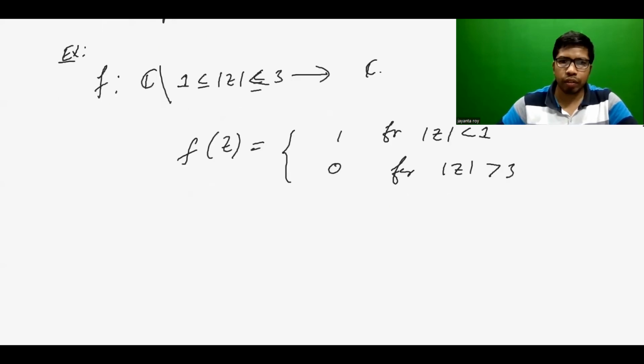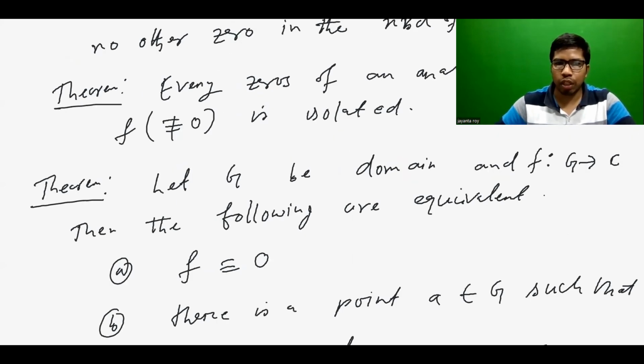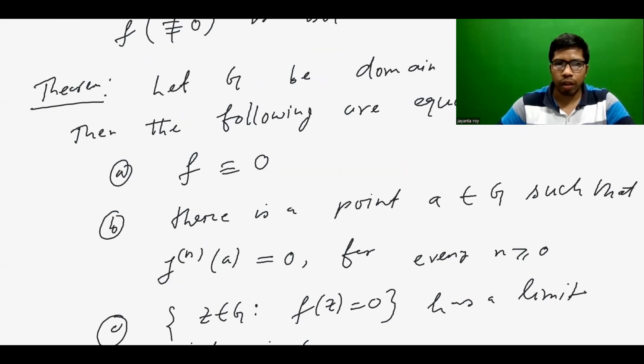Then clearly f is a holomorphic function in the domain, and here the set of all zeros comes from modulus of z greater than or equal to 3, but f is not identically equal to 0, because this domain is not connected. So in this theorem, the connectedness of the domain is required.